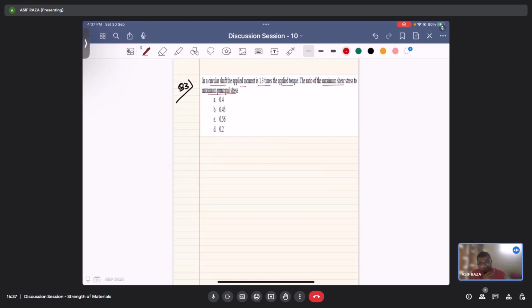So first thing first, it's a circular shaft, so it's okay to use the earlier formula, and the question is given as the applied moment is equal to 1.3 times the applied torque. We need to find the ratio of tau max upon sigma 1.